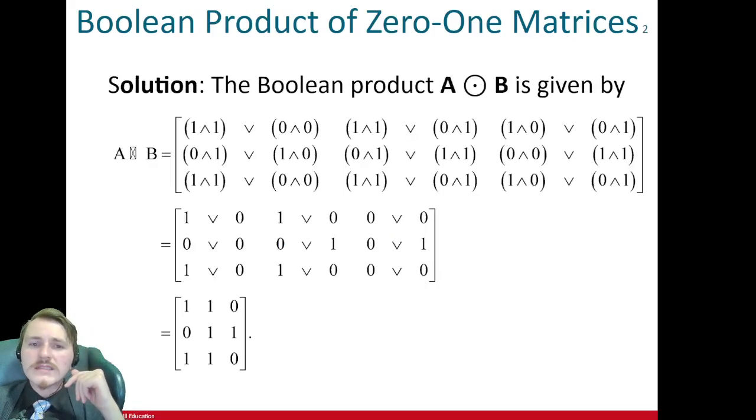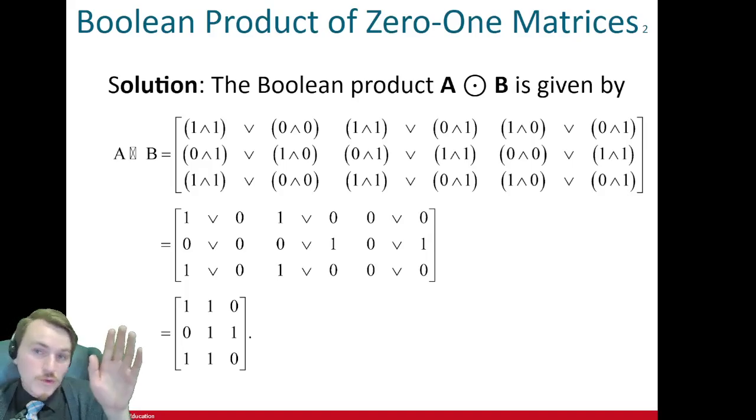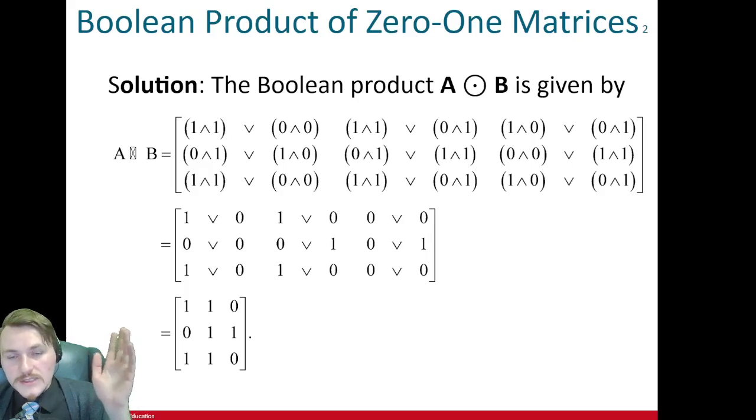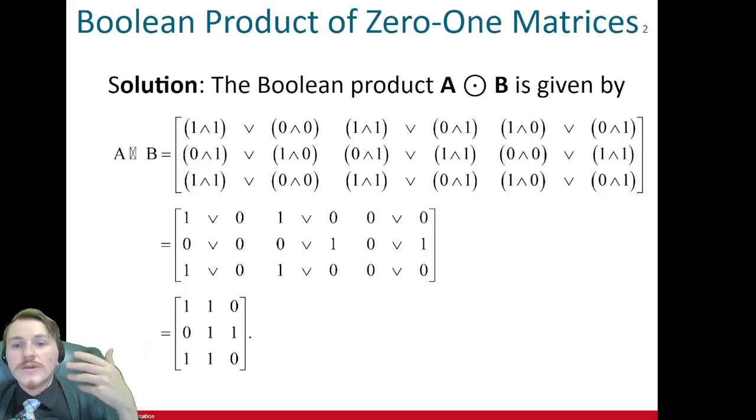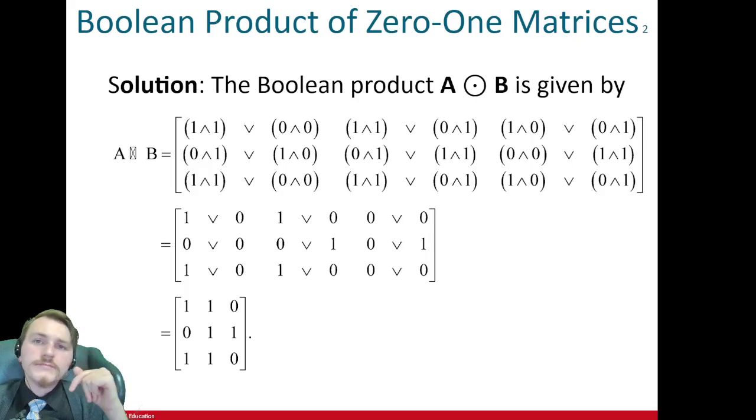Only difference is we do and or. Anytime you would do addition in normal matrix multiplication, instead you do or, a disjunction. Anytime you do multiplication, you instead do an and. That's the only change.